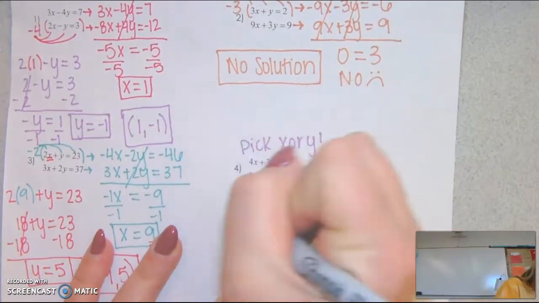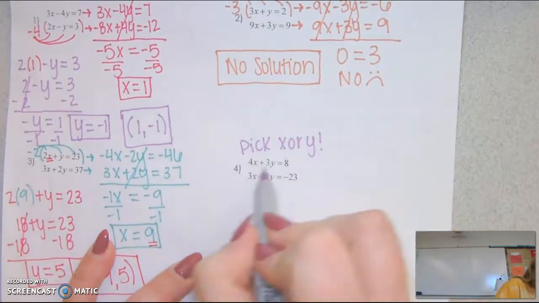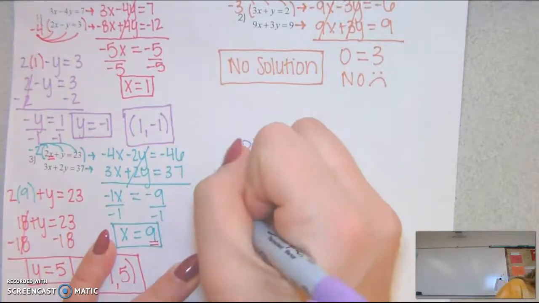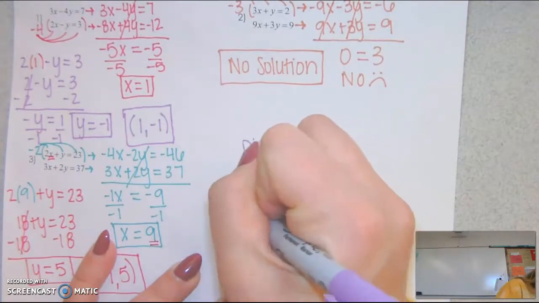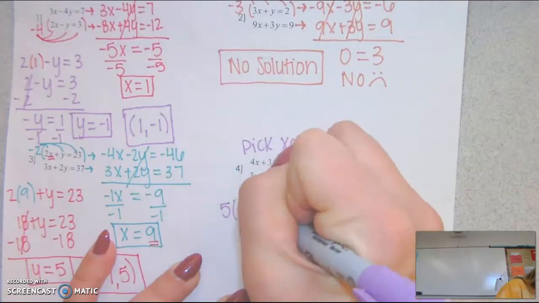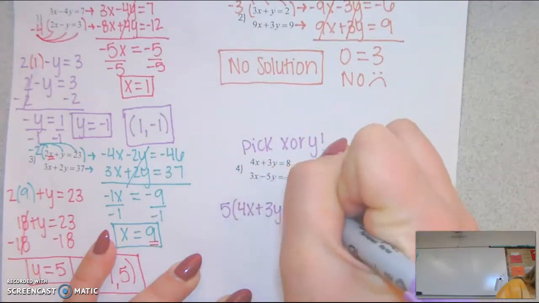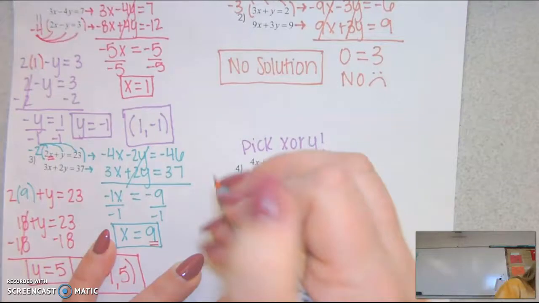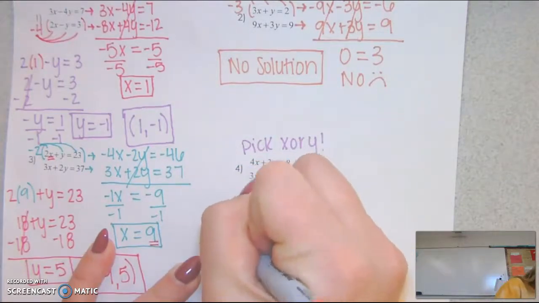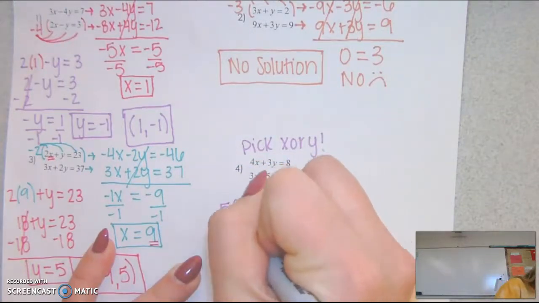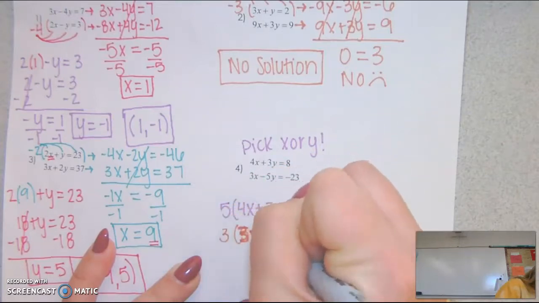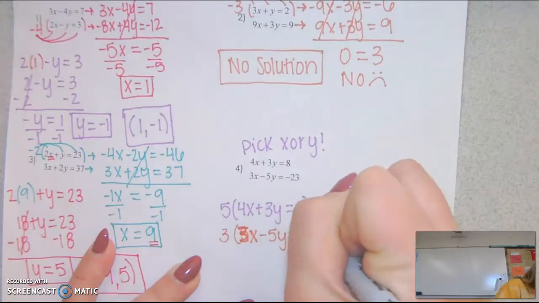So in order to get the y's to cancel, I need to multiply the entire top equation by 5. So I'm going to write 5 times 4x plus 3y equals 8. And then that means I need to multiply the whole bottom equation by 3. So I'm going to do 3 times 3x minus 5y equals negative 23.